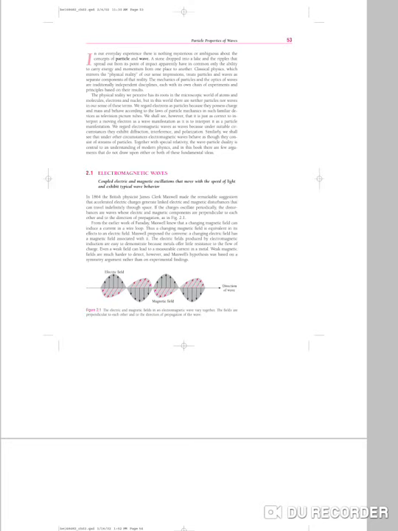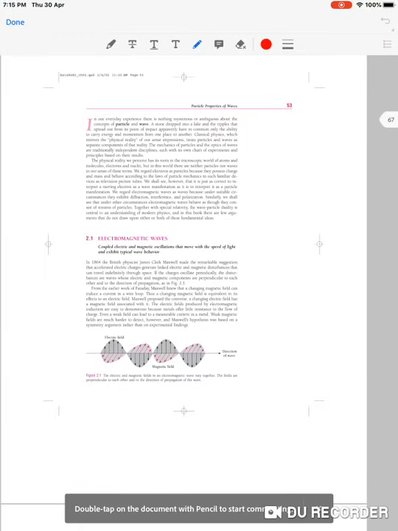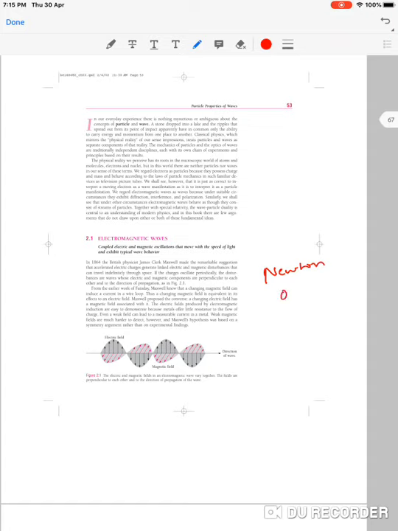According to Newton, in his book Optics, this was the book name, he suggested the corpuscular theory of light in, I guess, near about 1658.